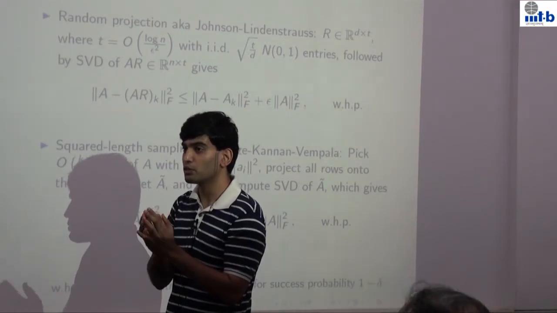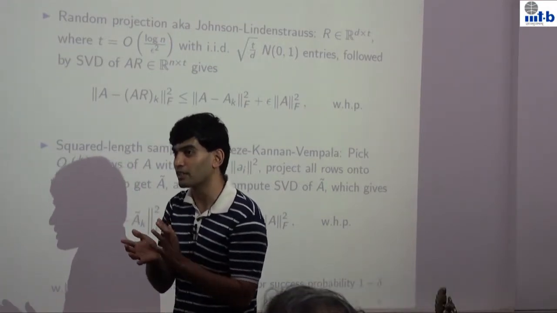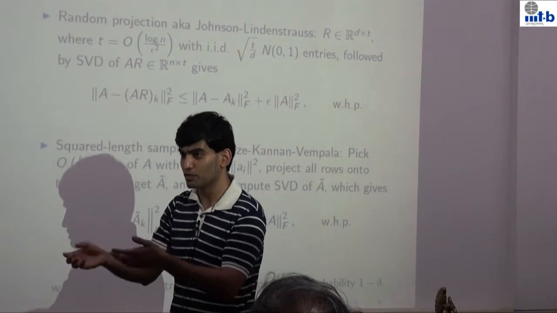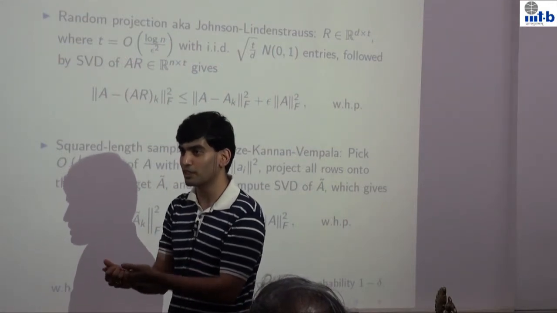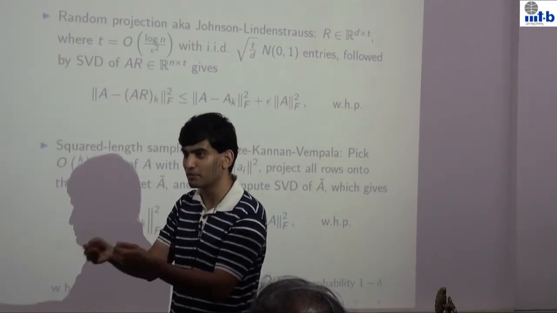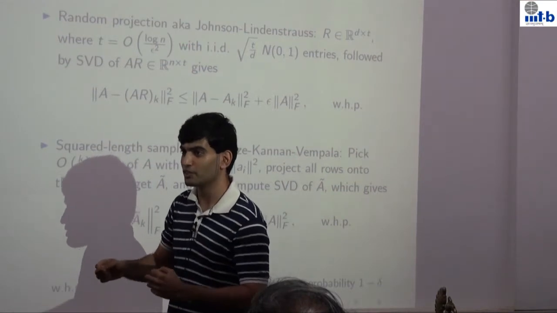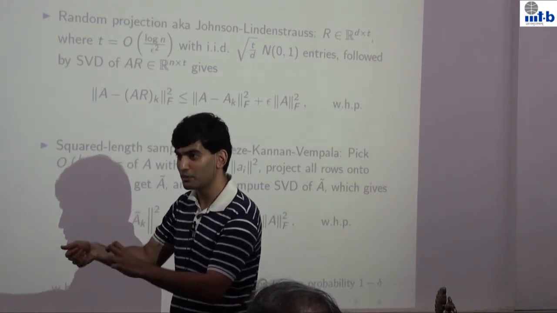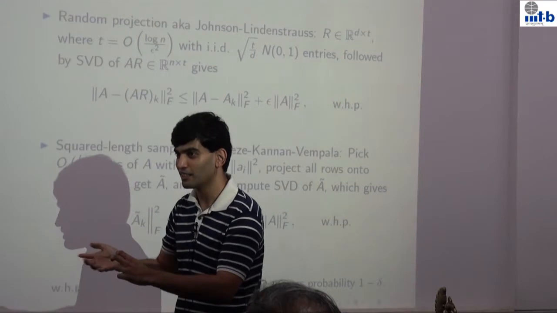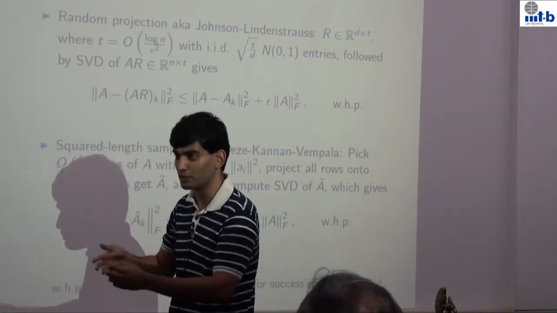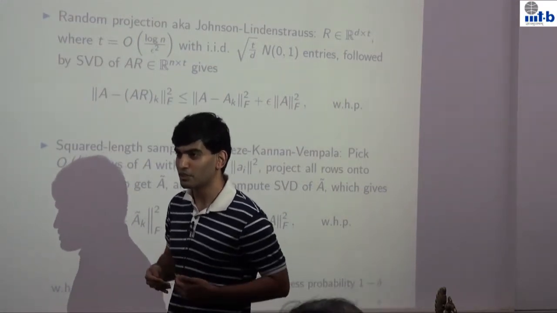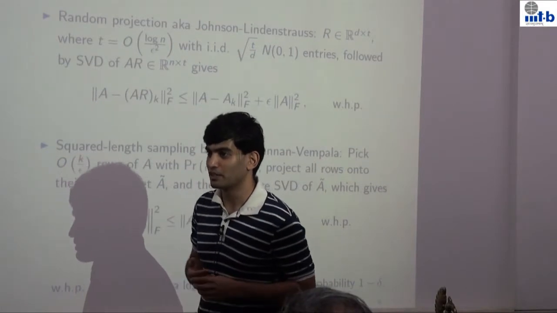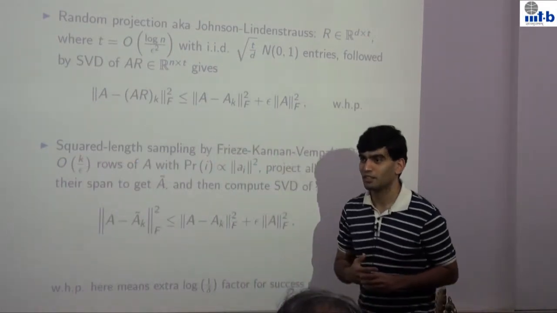A times R is not n by n, it is n by log n. So if you use your singular value decomposition algorithm, which runs in n times d squared, earlier d was as large as n, which means it was n cubed overall. Instead of that, now it's n times log n squared, which is very small.